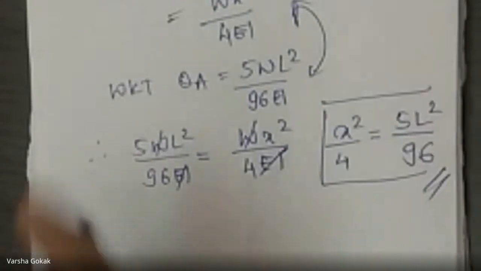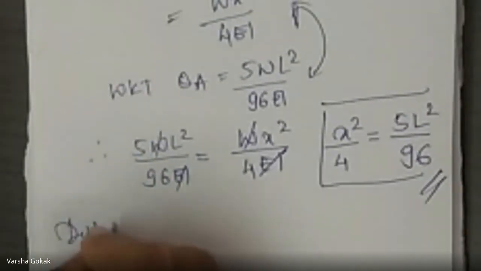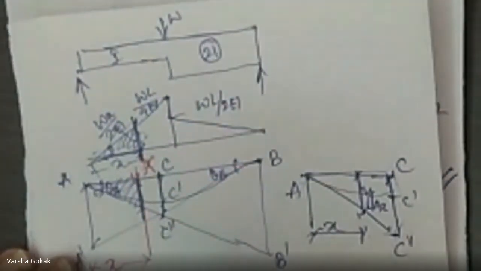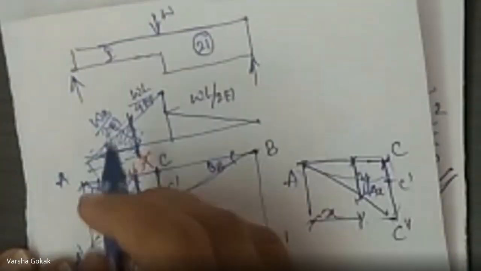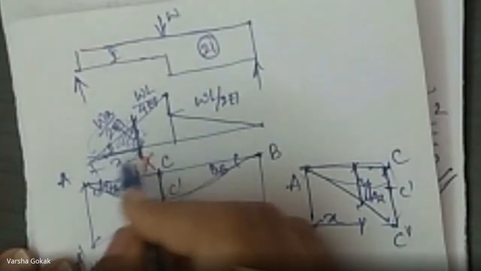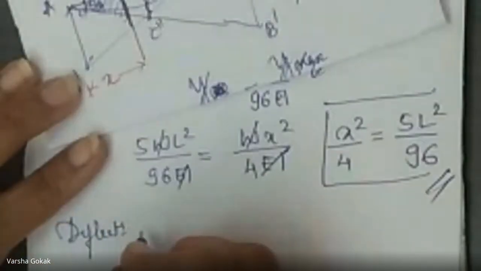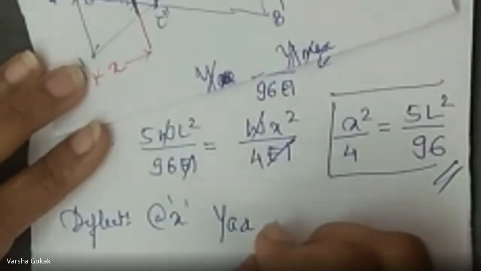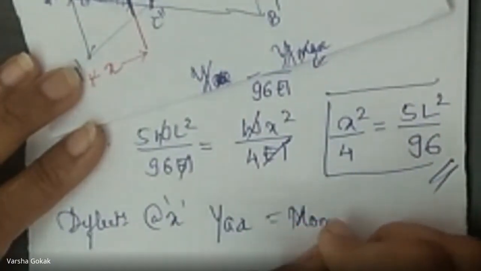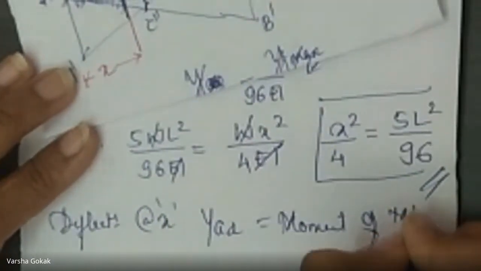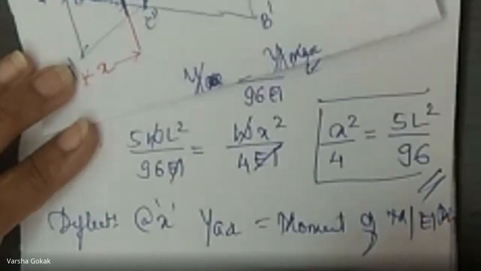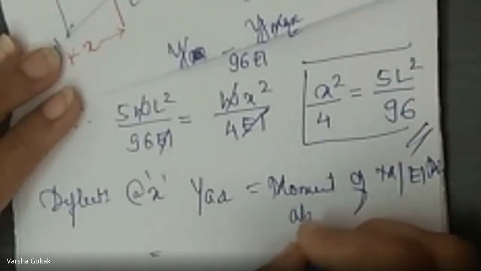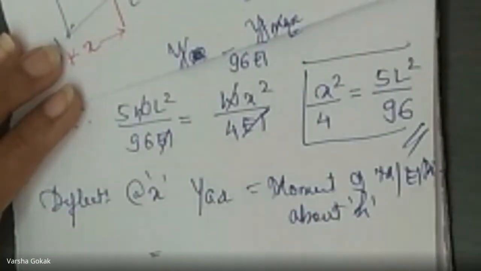We will again make use of this. Now if I want to write the deflection at this point, usually what is the formula for deflection? For deflection, it is the moment of the area of the M by EI diagram. So deflection at x distance, let us call it Yx now, is given by the moment of the M by EI diagram about the point x, right?